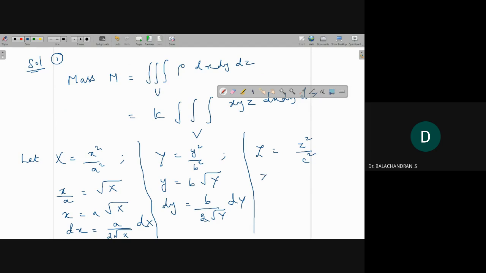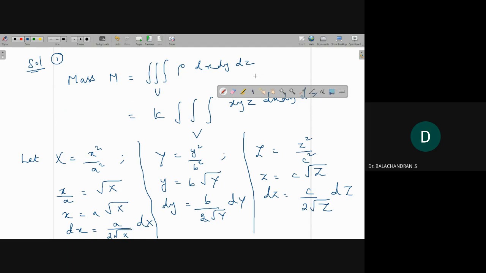And then small z equals c into root Z, dz equals c by 2 root Z into dZ.